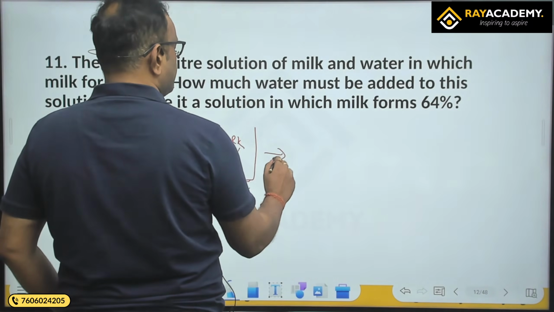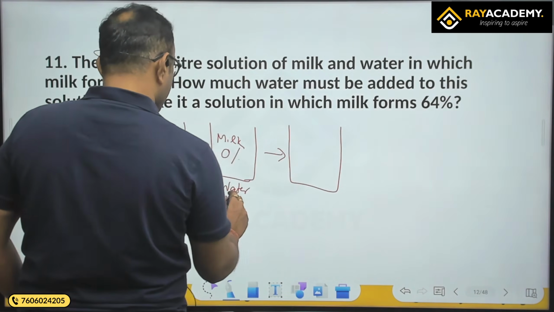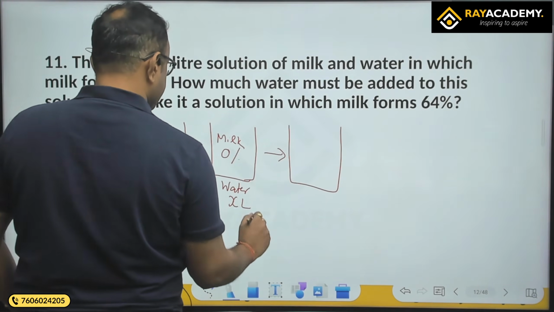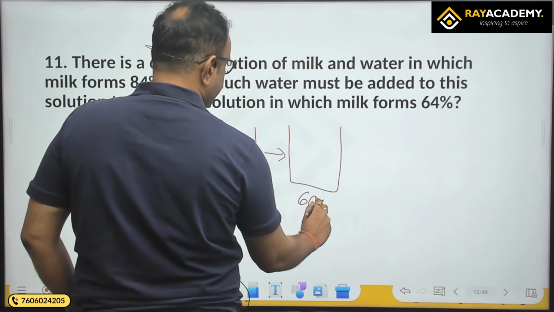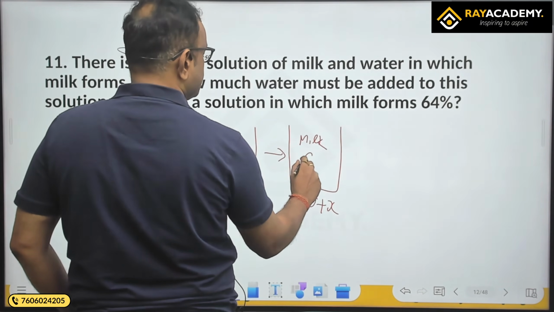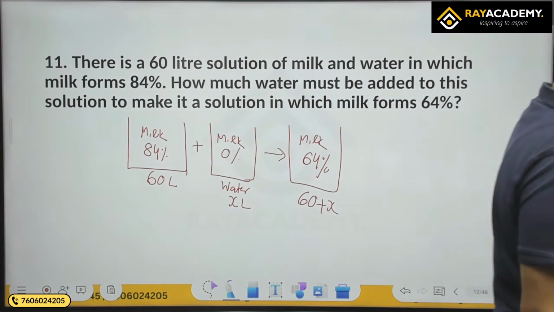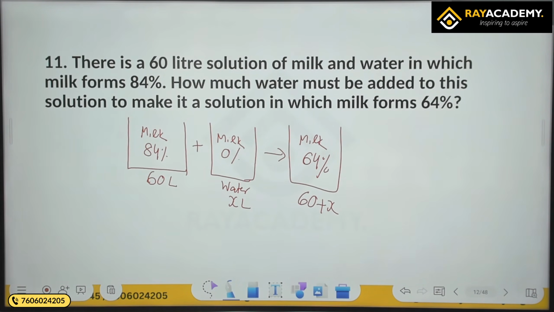Then what is the mixture? Water, how much quantity I don't know, x liter let's say. So the total would be 60 plus x, but here the milk proportion changes to 64%. Got it? So this is the scenario.